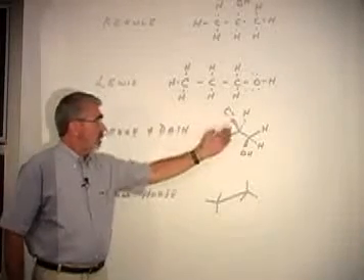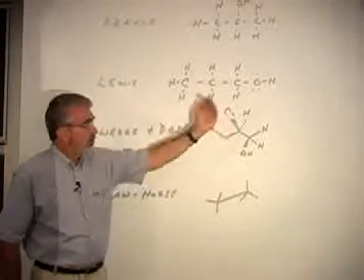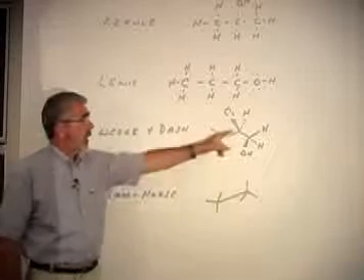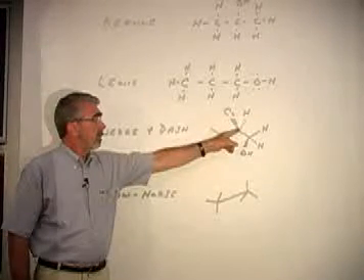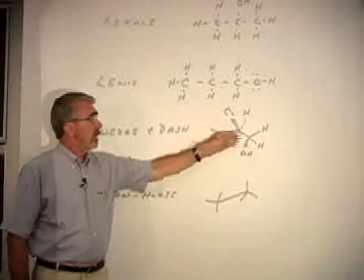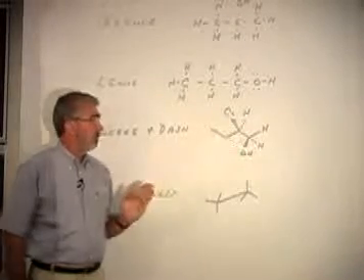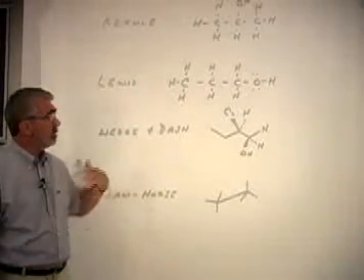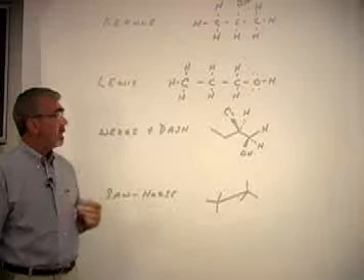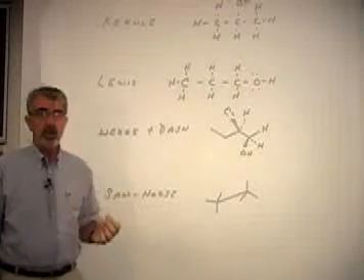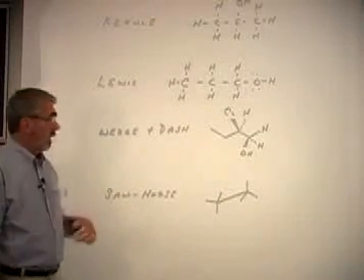A solid wedge represents a bond which is projecting out of the plane. And this dashed bond represents a bond which is projecting behind the plane. So this is a rudimentary way of attempting to deal with the 3-dimensional structure of these molecules.